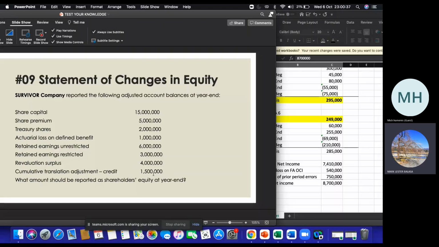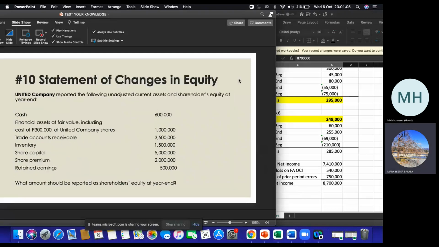Nasabayan ba? Magkano yon? 15 million plus 5 million minus 2 million minus 1 million plus 6 million, okay, plus 3 million plus 4 million plus 1,500,000. 31,500,000 is your answer. Okay? For statement of changes in equity. Okay? Sige. Next tayo.